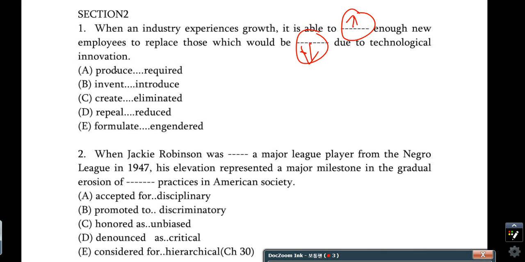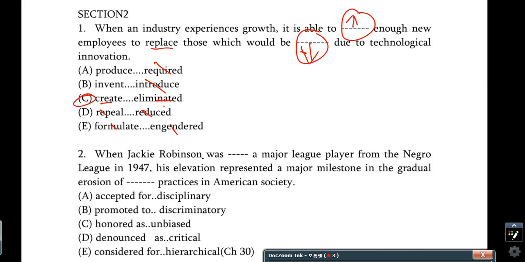Produce and require, that doesn't mean decrease. Invent and introduce, no. Replace those that would be removed. So create and eliminate is the correct answer. Create is more, eliminate is less. Repeal and reduce is both negative, and formulate and engender are both positive. So C is the correct answer.